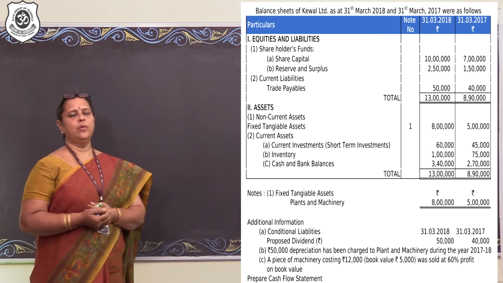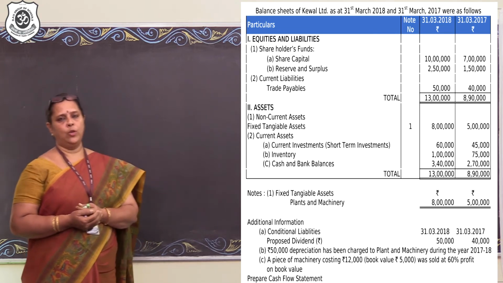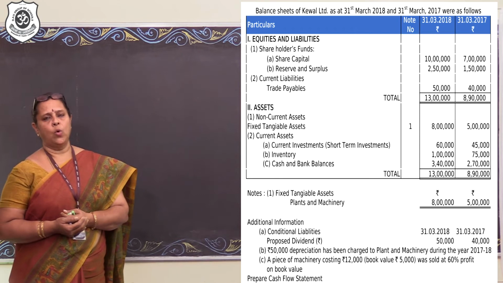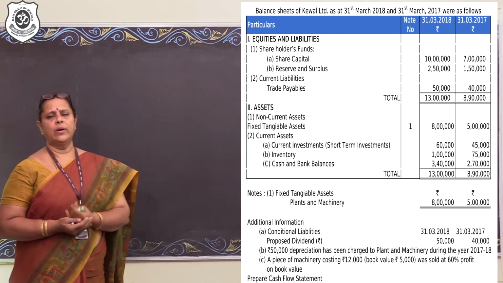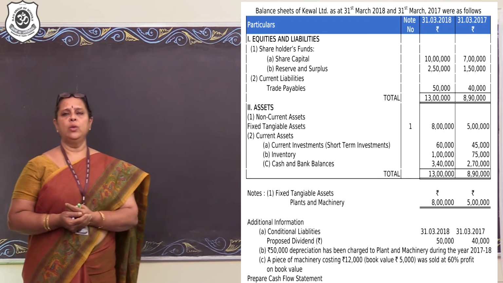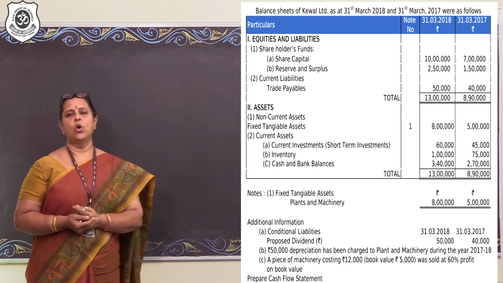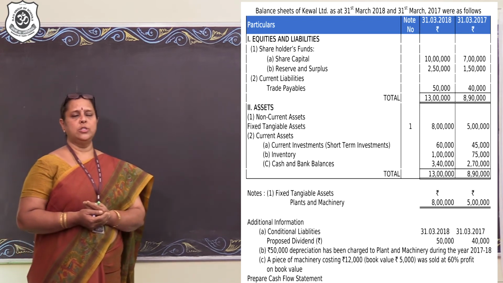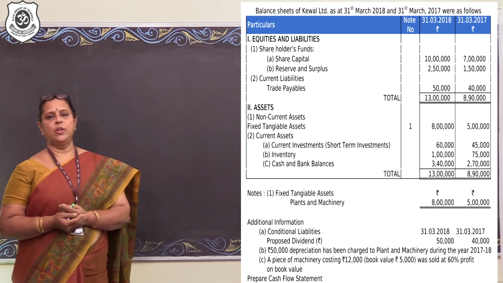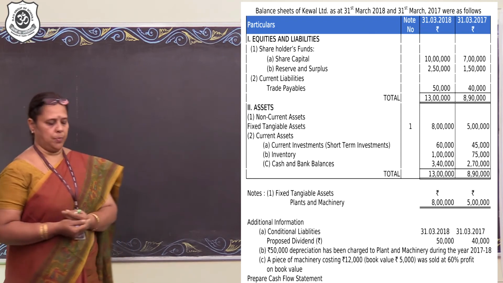So, we will be opening the fixed asset account at written down value method to find out the purchase of fixed asset. That will be working note number 1. Working note number 2 will be calculation of profit before extraordinary items. After finishing these two, we shall straight away proceed to the preparation of cash flow statement.